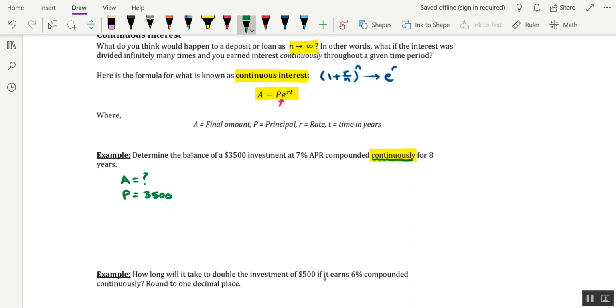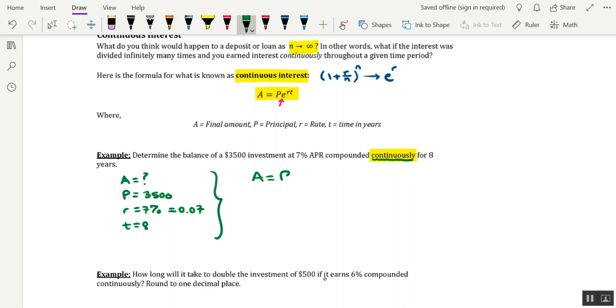So that's how much this person is walking into the investment firm with. We have a rate of 7%, and of course you want to use 0.07 instead of 7. We don't need n because we know that n is going to infinity, but we do need the time t, which is 8.